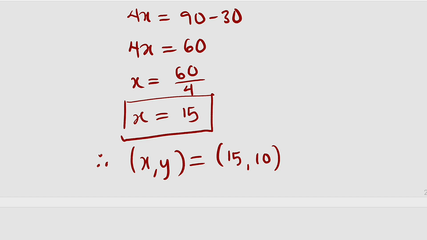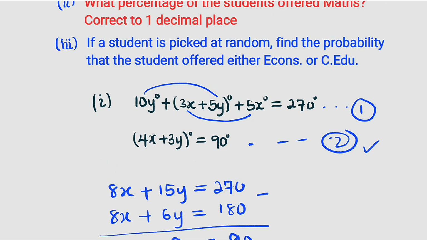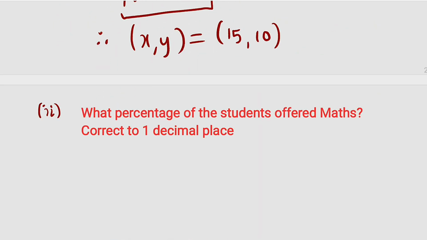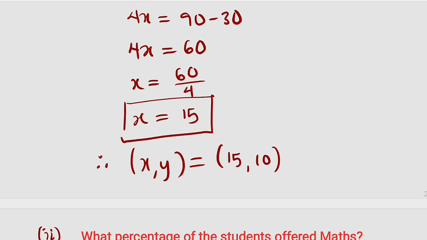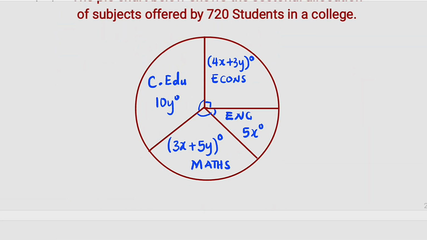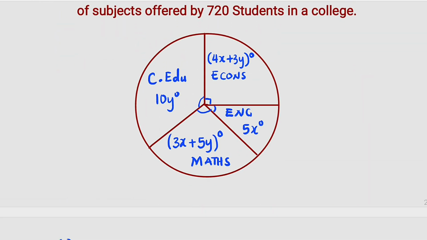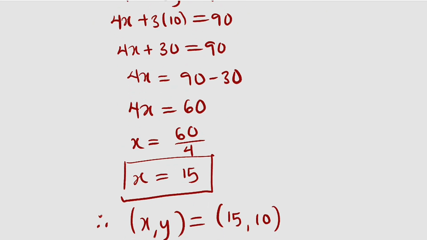Now let us move on to the second question. All right, here is question 2. The question states: what percentage of the students offered mathematics? For mathematics, we have 3x plus 5y, which is represented in degrees.